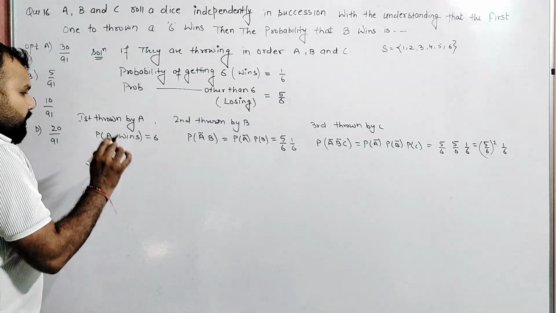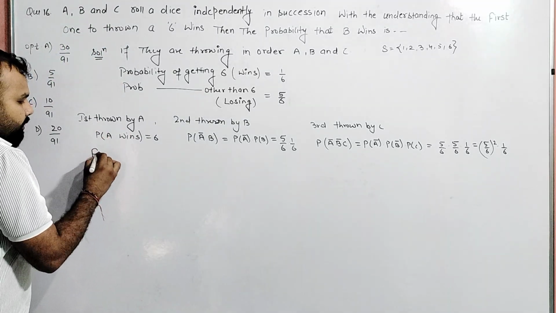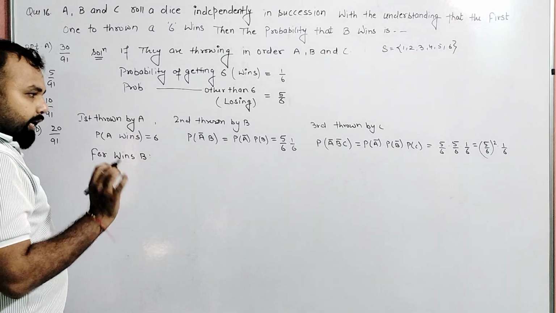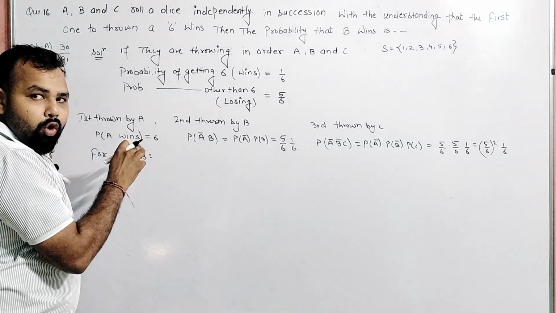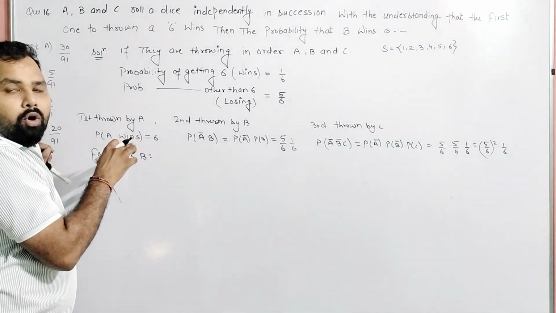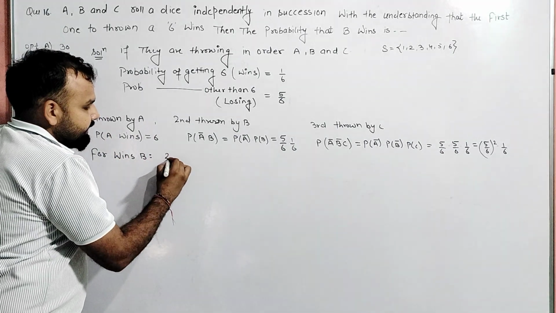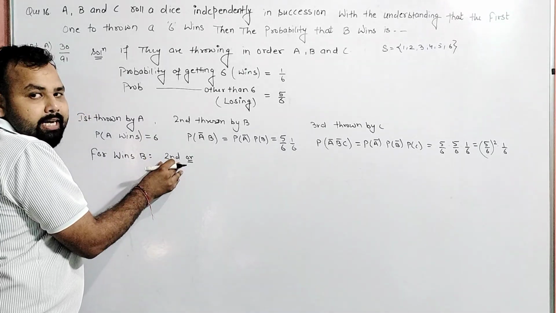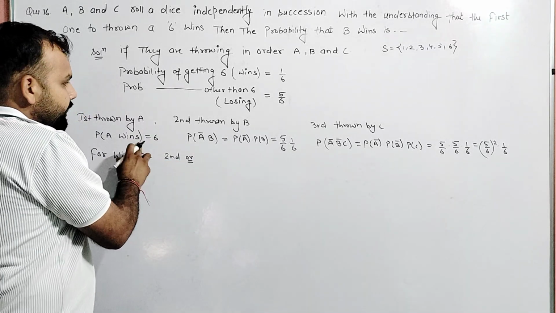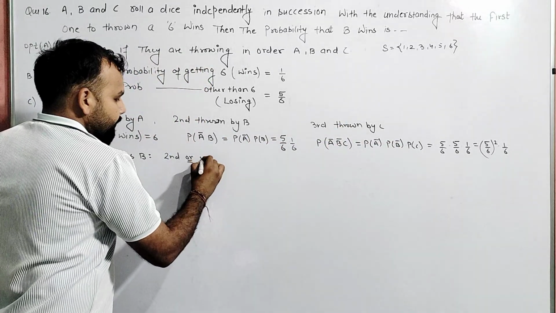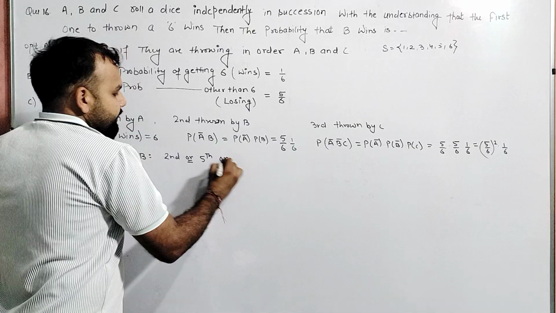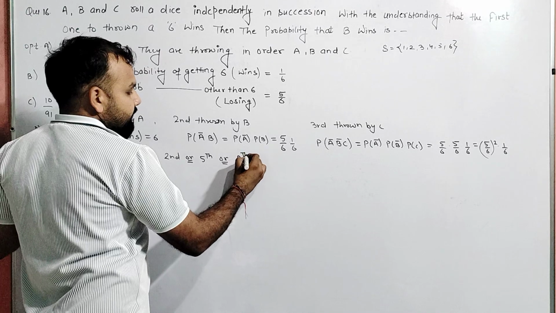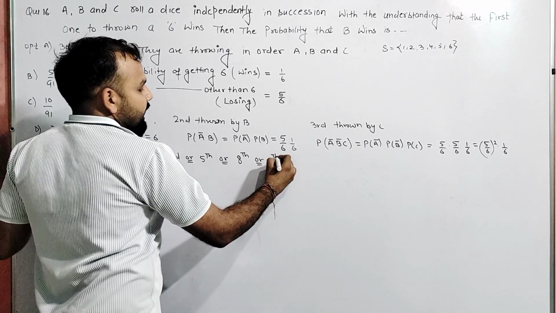Similarly, students, we can say that the chances of B winning: B wins the game either on the second position, or the fifth position, or the 8th position, or the 11th position, and so on.